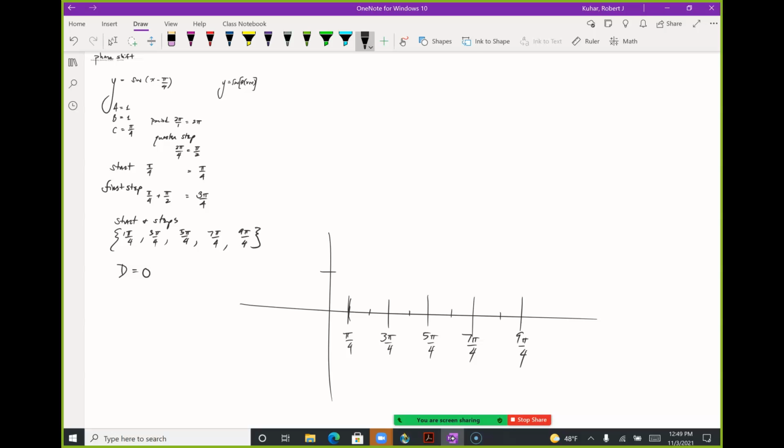I know my amplitude is 1, so I'm going down to -1 and up to 1. And my rectangle is set. Here's my rectangle, and I can see the quarter steps. And then I know the pattern for my sine curve. There it is. What do you think?